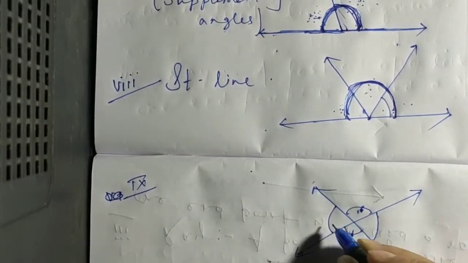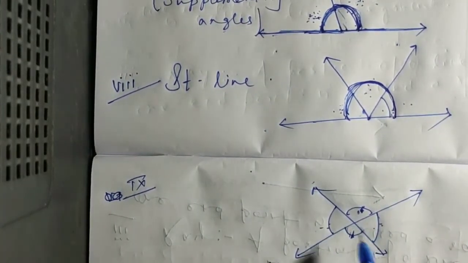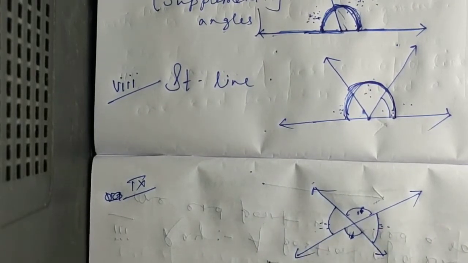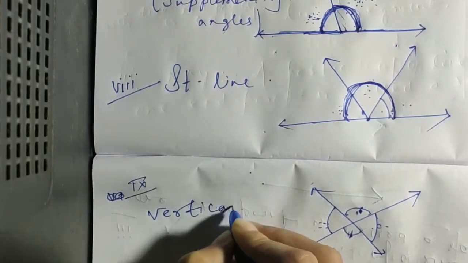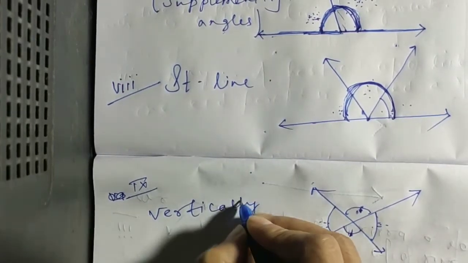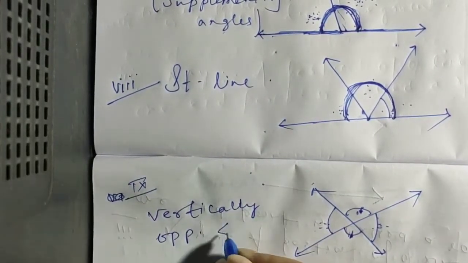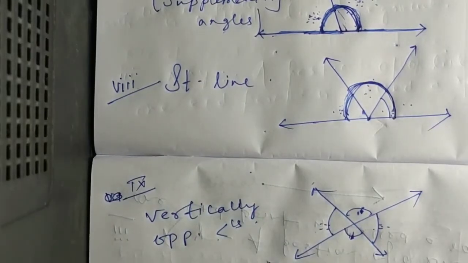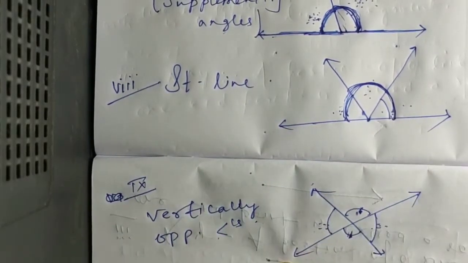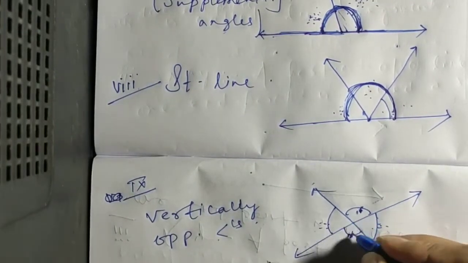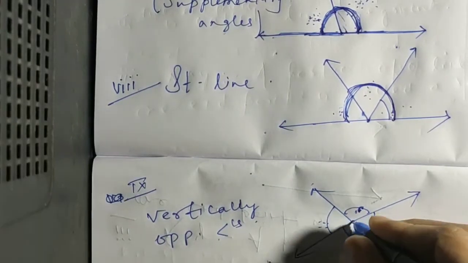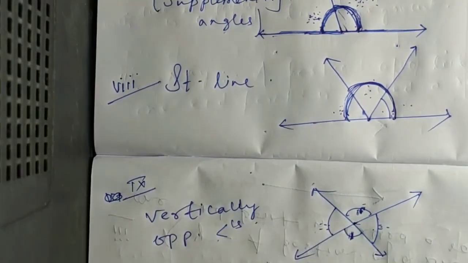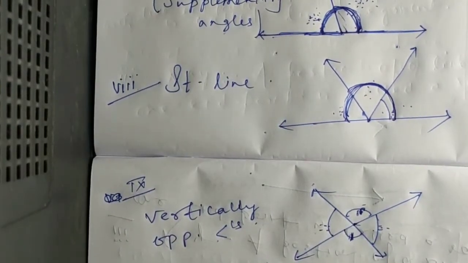This angle and this angle are opposite to each other, so we call these two angles vertically opposite angles. Clear? When two lines intersect each other, the opposite angles at this intersection point are called vertically opposite angles.